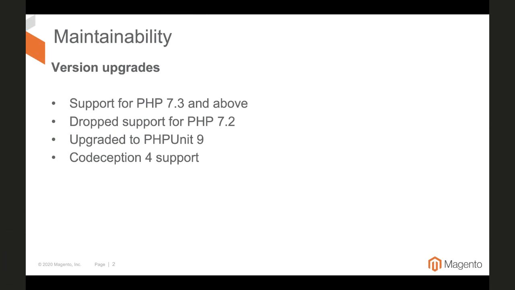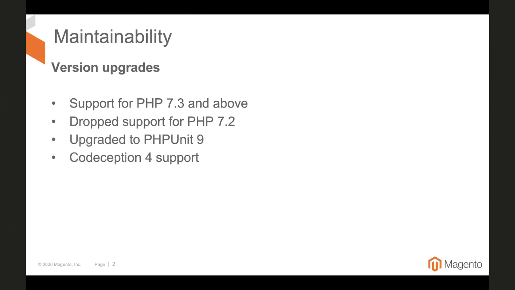And with that, we have upgraded PHPUnit to 9, and we also bumped up some dependencies to PHPUnit like Codeception. We have Codeception 4 support now with this release. Most of the work that we've done for RC2 revolves around these to make the framework compatible with the new versions, and also incorporate some new MFTF actions that these new versions bring in.